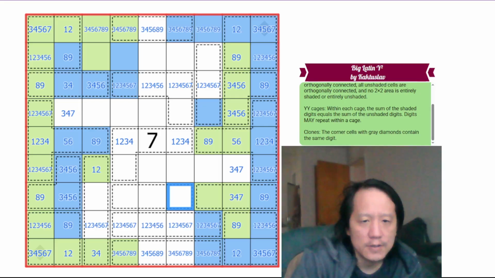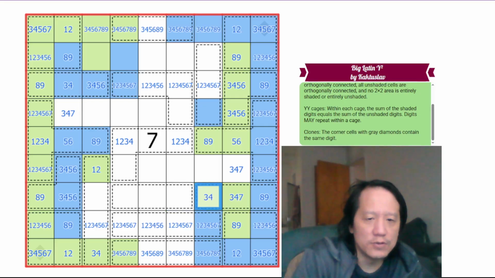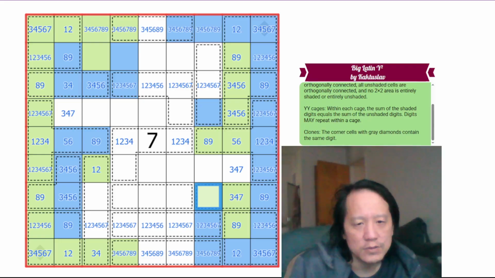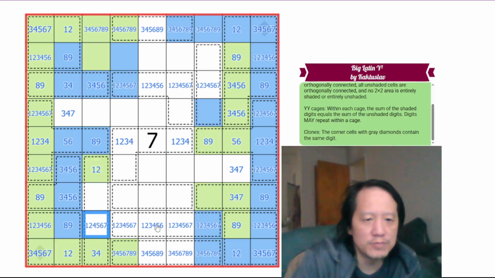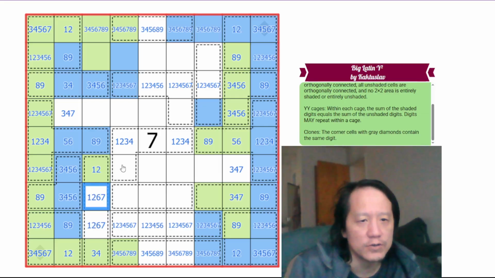This could be 1 or 2. So this is fine being 1 or 2, but this cannot be 1 or 2 because one of these is... This has to be a 1, 2... So this must be 1, 2, or 6, 7 adding up. And we know the 1 and 2 are here.